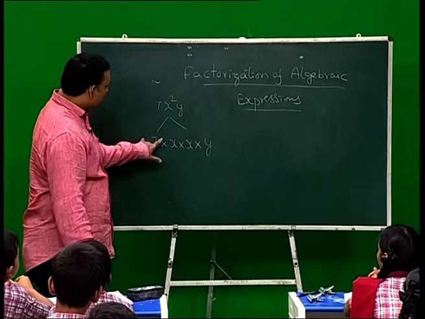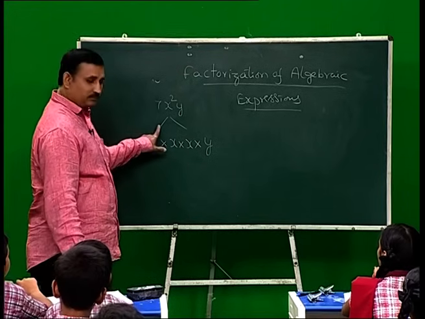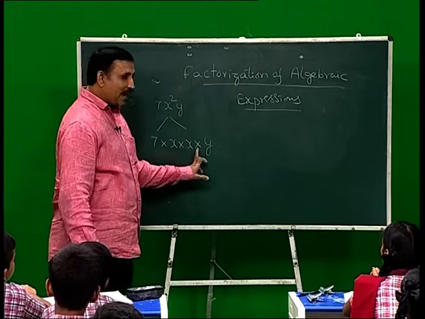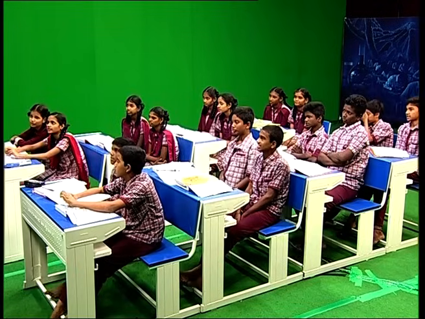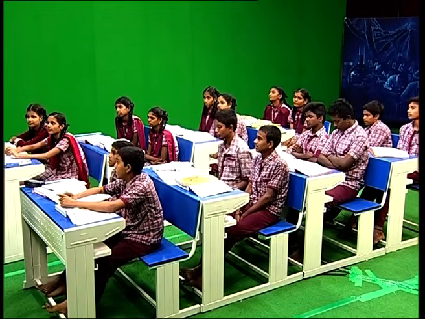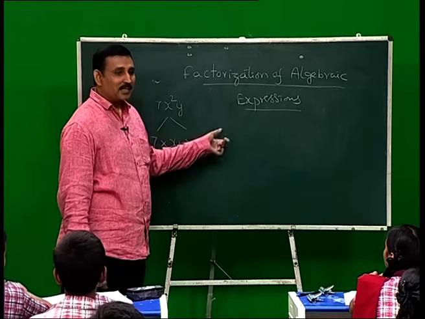You observe here, 7 is a prime number, and x, x and y are irreducible factors. This is a prime factor. These are irreducible factors.